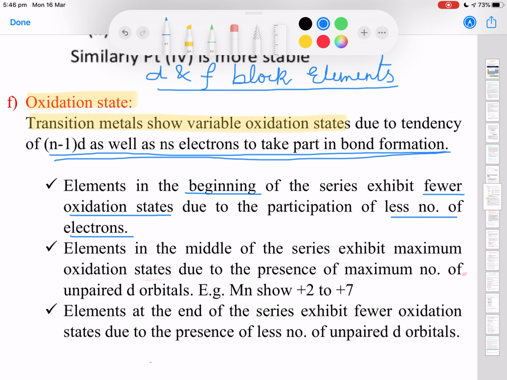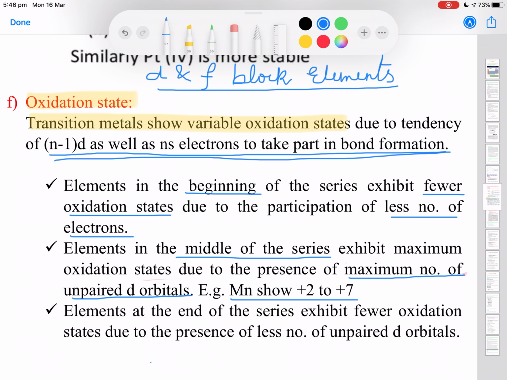Whereas the elements in the middle of the series, specifically the element which has exactly half full d orbital, and that's in the first d series, that is 3d series, it's manganese. So manganese shows oxidation states from +2 to +7. So why is it? Because it has maximum number of unpaired electrons in the d orbital.